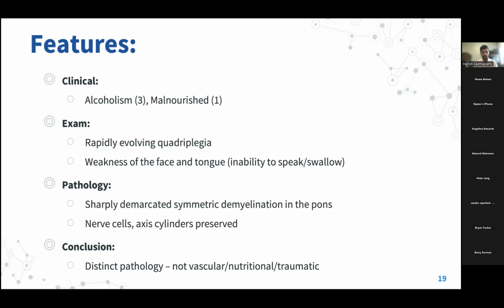Strikingly, when they looked at the autopsy and the brains of these patients, they found sharply demarcated symmetric demyelination in the pons, but the nerve cells and the axis cylinders were well preserved, which is not what you see in a lot of other neurological diseases. This was very distinct pathology. It's not nutritional, not vascular, not traumatic as they'd seen it before.